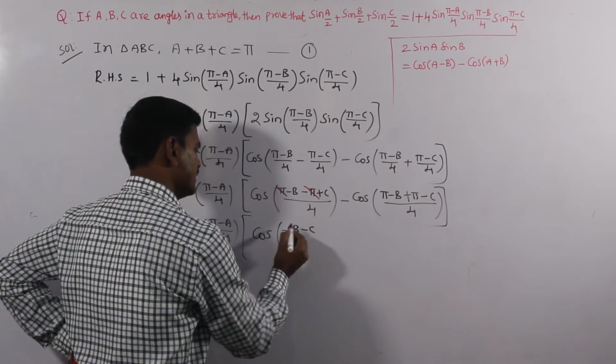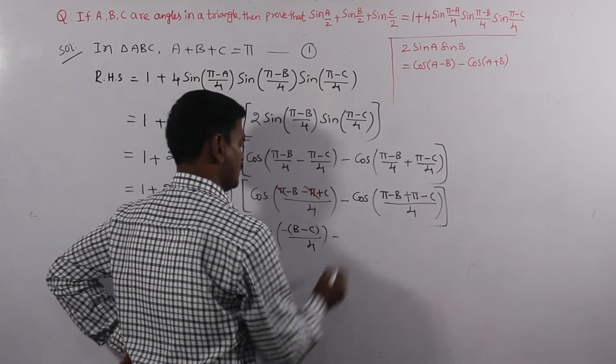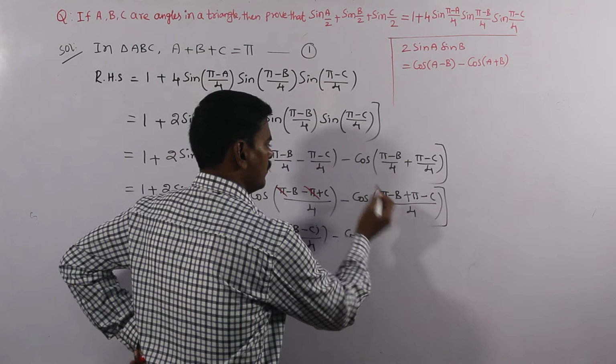B minus C whole divided by 4 minus cos of, here pi.